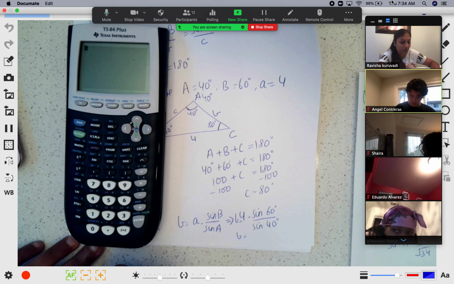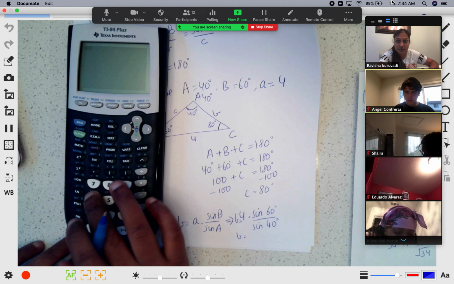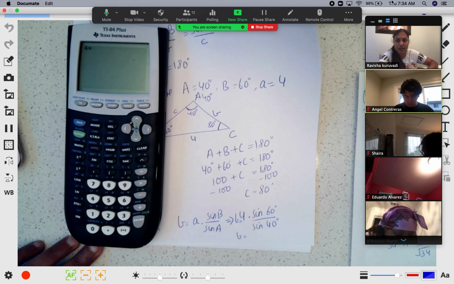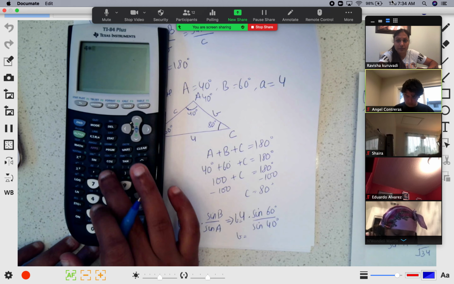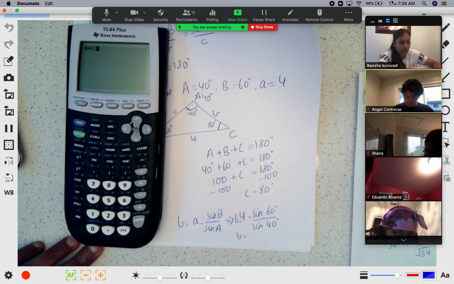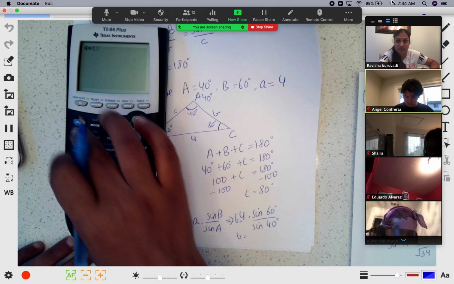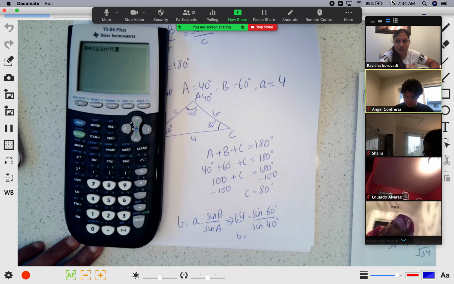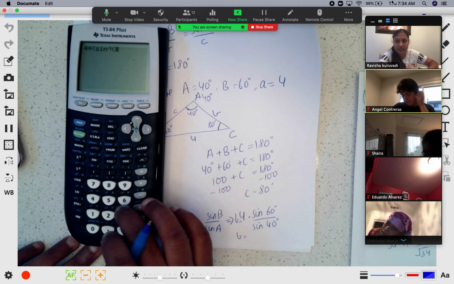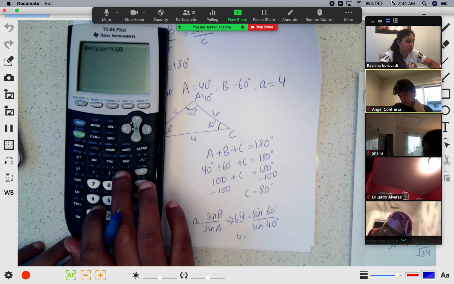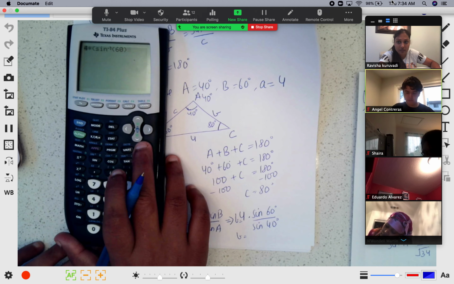So it becomes 4 times, and make sure you put in a bracket now. So second you can press sine, then 60, close the bracket. Oh sorry, it's not sine inverse, sorry.